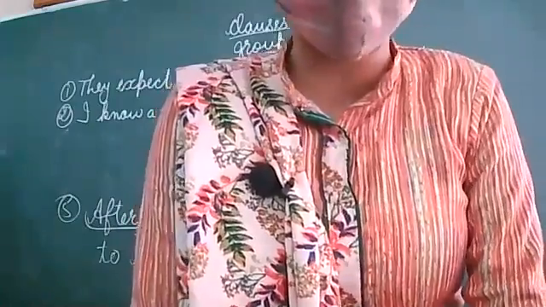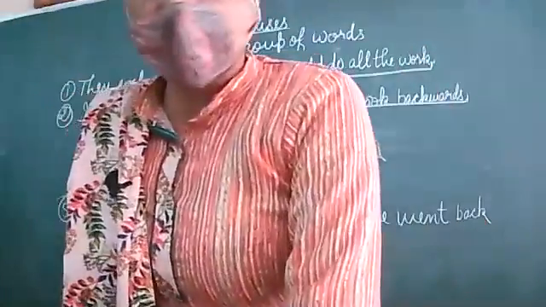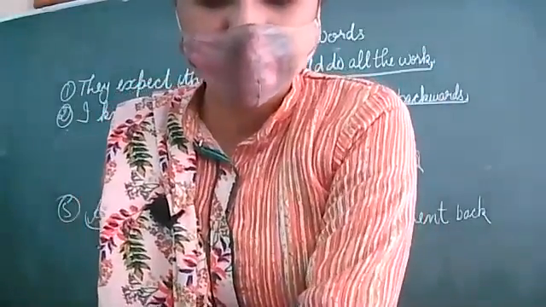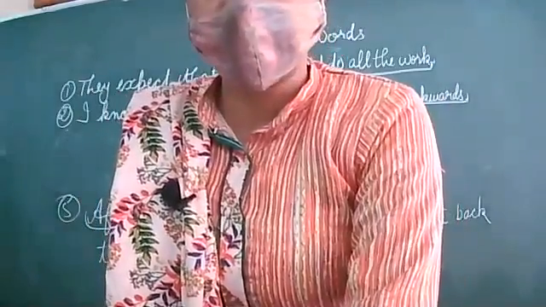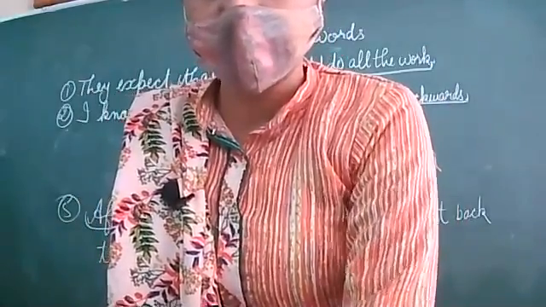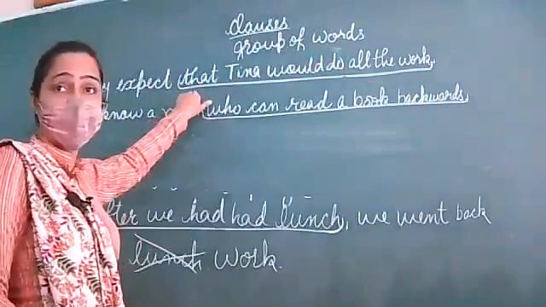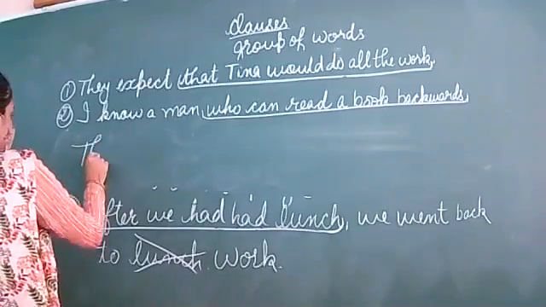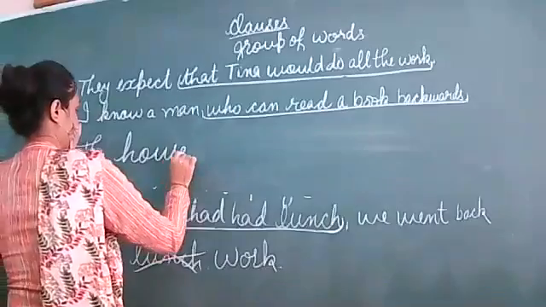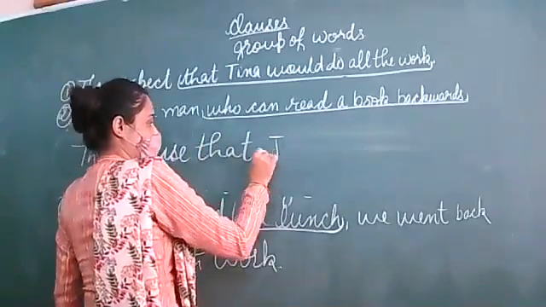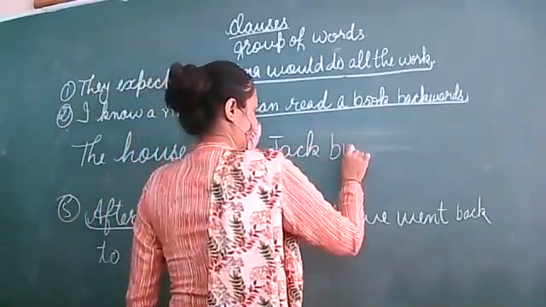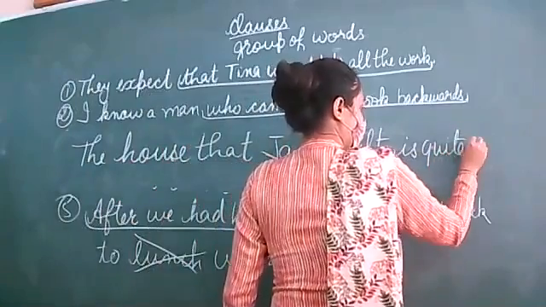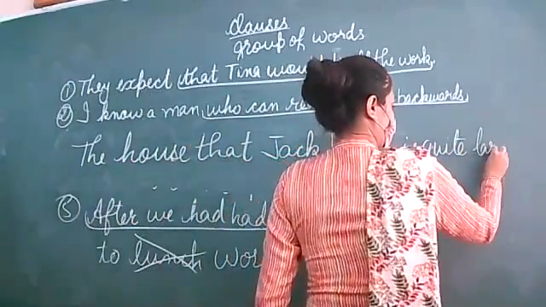Now just wait. I'll write one more just to make something clear. Okay, so first this part is a noun clause. I think we have discussed this sentence. Now, can you tell me the type?